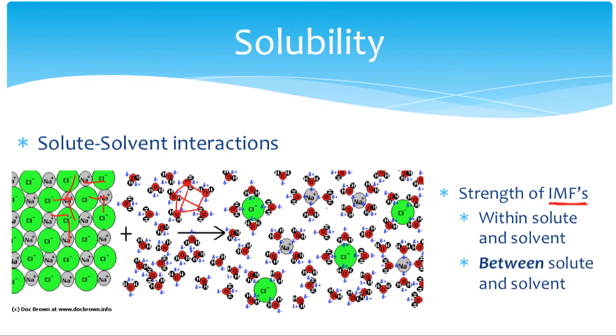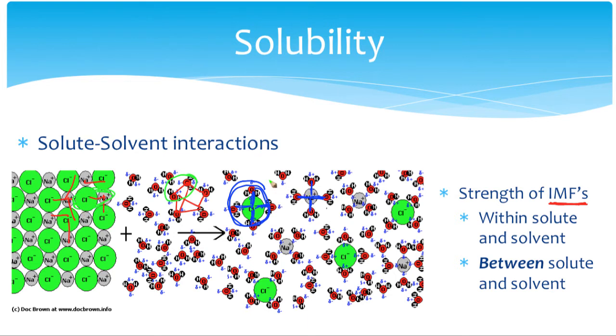There are also intermolecular forces between the solute and the solvent. Those would be the forces that hold these guys to one another, that allows the solvent molecules to encapsulate these solute molecules. Determining the solubility then has to do with a comparison between how strong these attractions are between solute and solvent versus how strong these attractions are between solute and solute and solvent and solvent.